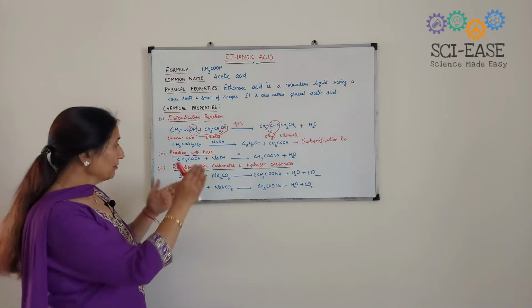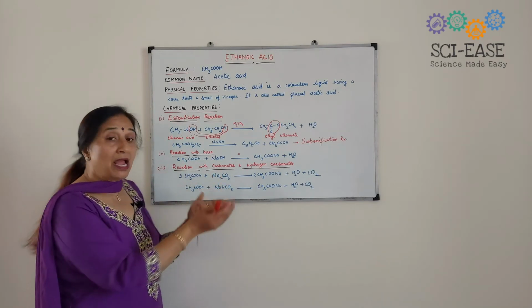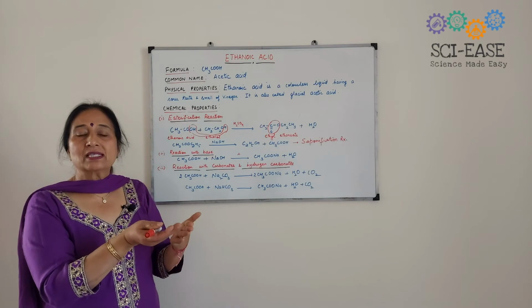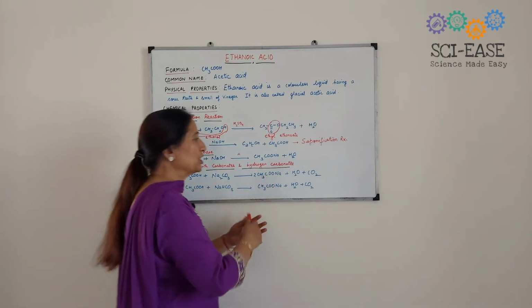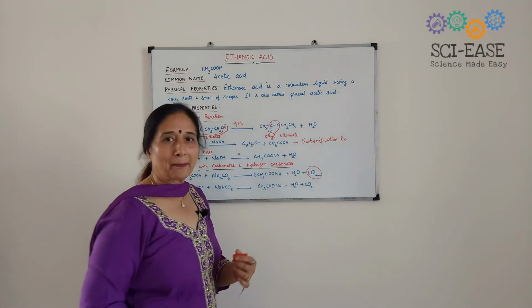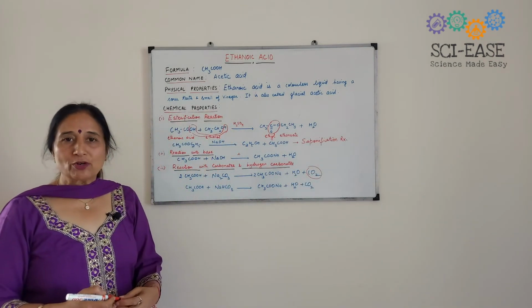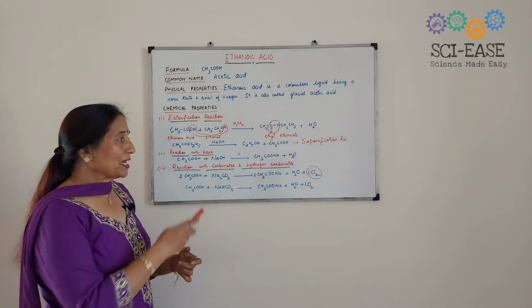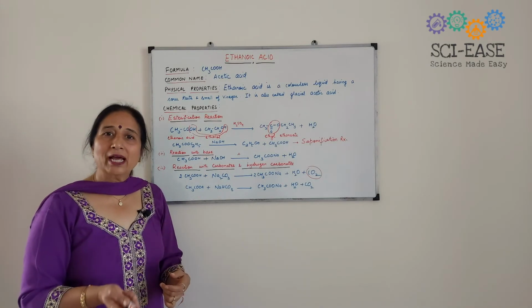What will be the result when the two are added? Effervescence will be formed, due to the formation of carbon dioxide. And the formation of carbon dioxide can be tested by passing this gas through lime water.